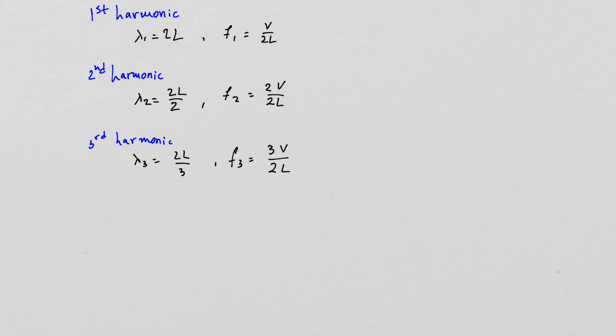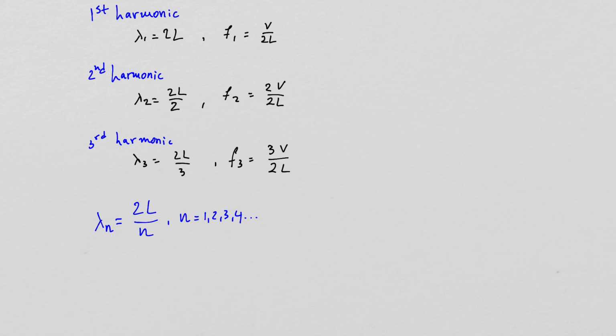So then I can write a general formula for the wavelengths of the harmonic series. And this formula is that the wavelength of the nth harmonic is equal to 2 times the length of the string divided by n, where n is equal to 1, 2, 3, 4, and so on and so forth.